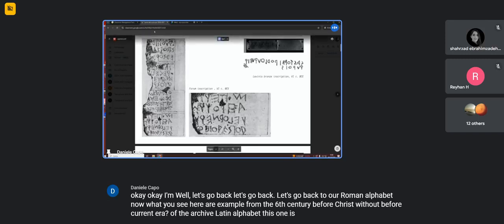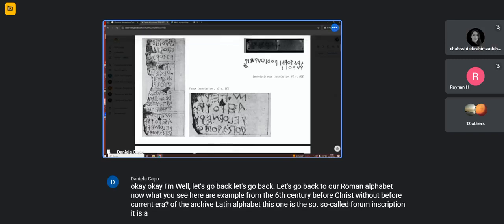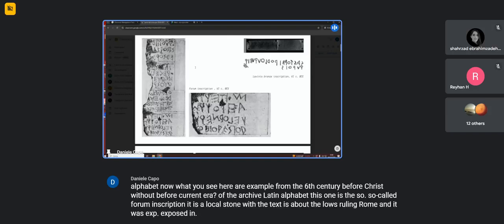This one is the so-called forum inscription. It is a block of stone with text about the laws ruling Rome, and it was exposed in the so-called forum, the main square of the Roman city.